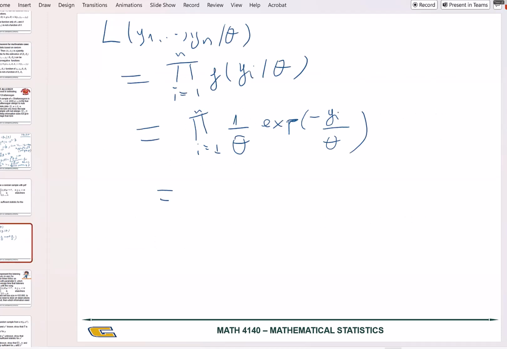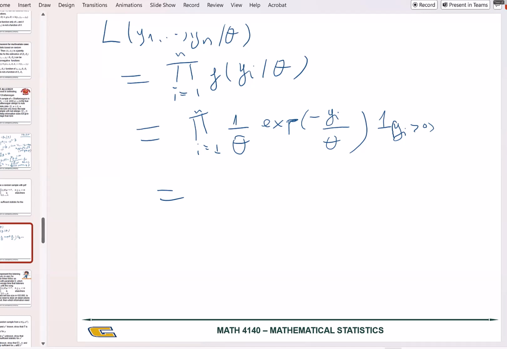So maybe for completeness I can also put the indicator function 1{yi greater than 0}. It will be 0 if yi is negative.